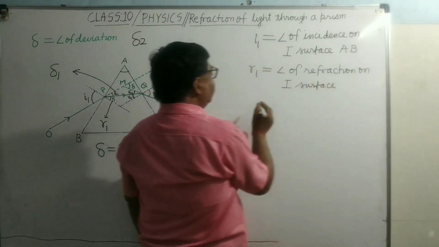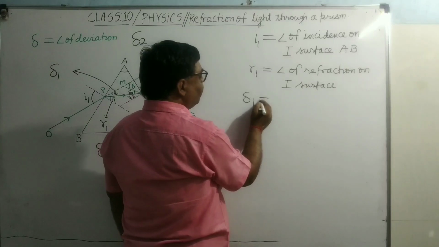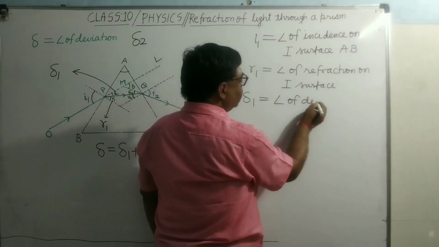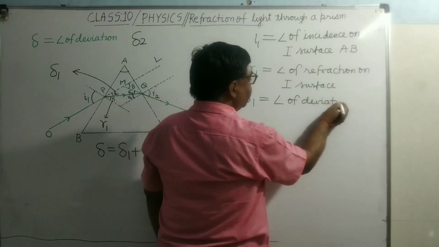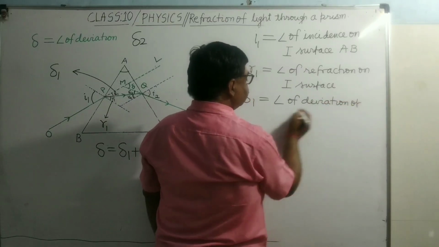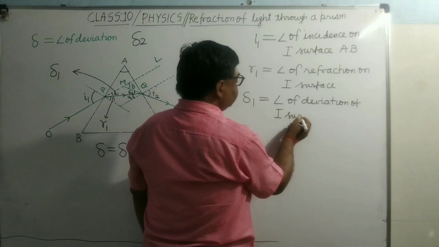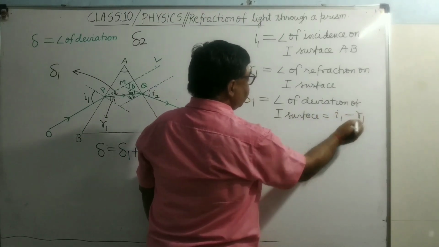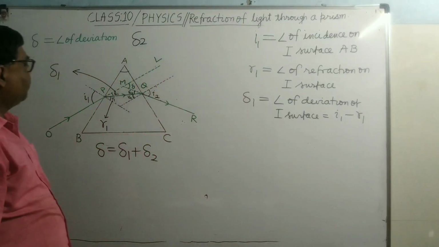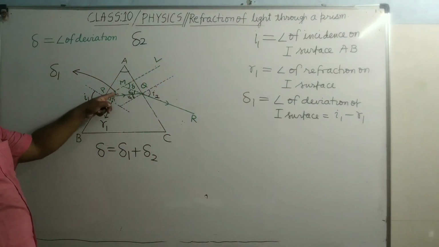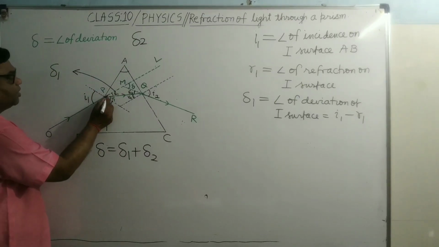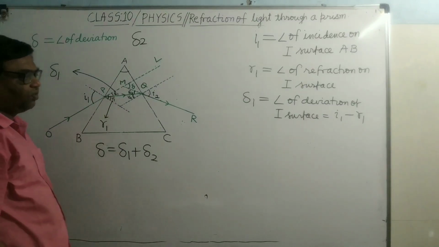It's clear. If we see, del 1 equals what? Angle of deviation on the first surface, and this is equal to I1 minus R1. Okay. That will be I1 minus R1. This angle will be equal to del 1, it will be equal to I1 minus R1. Why? Because this whole angle is I1. This is I1 and this is R1, so I1 minus R1.